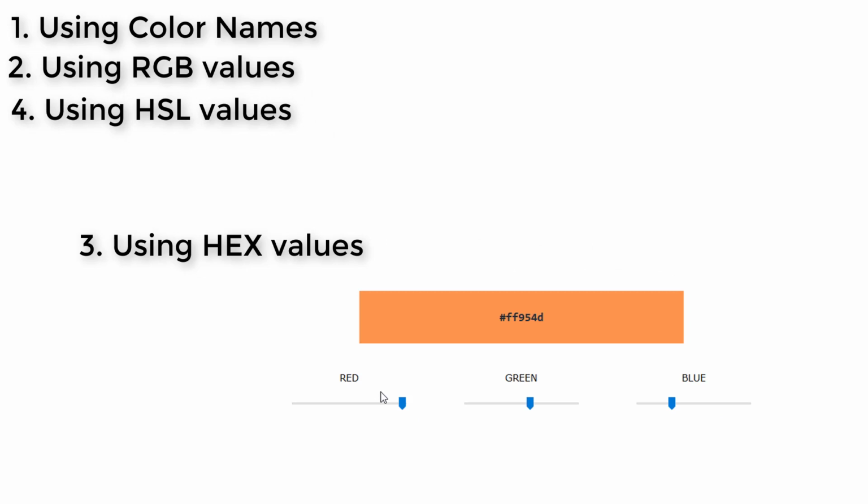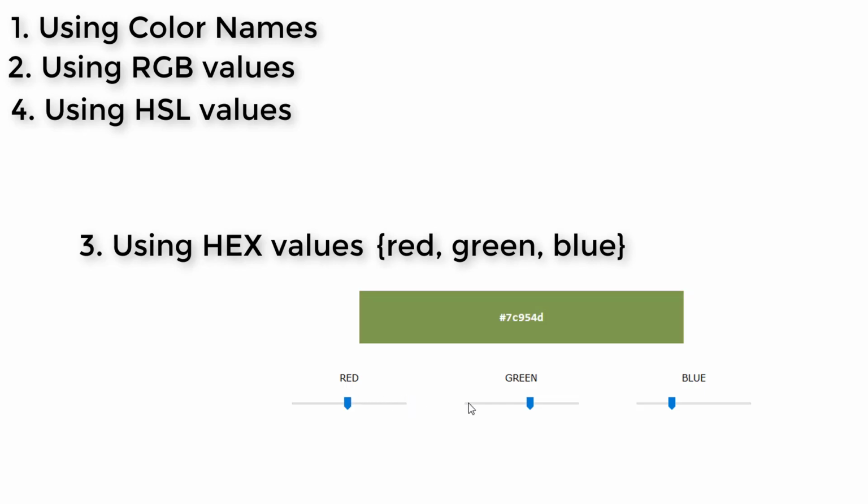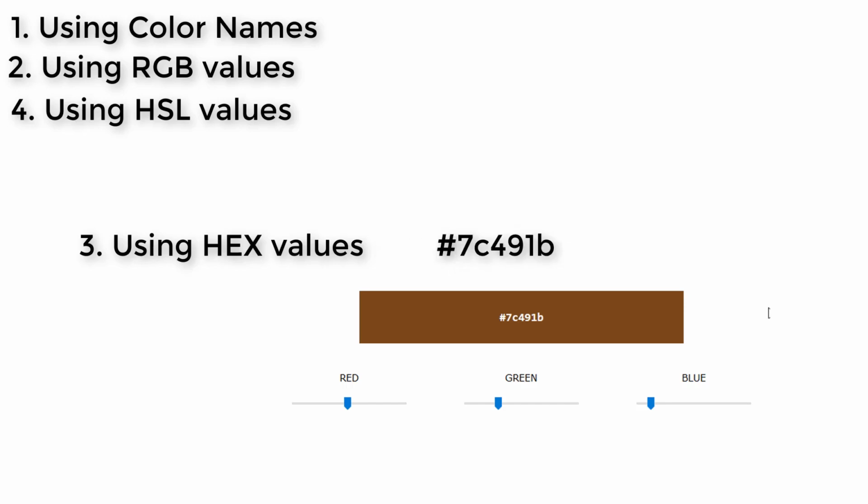The hex color is also a combination of red, green, and blue. However, values of the colors are expressed using hexadecimal numbers in this color system. It starts with the hash, then there are 6 characters. Each set of 2 characters represents 1 color.